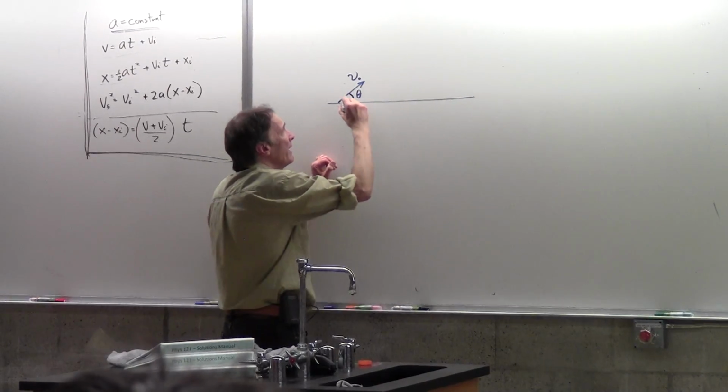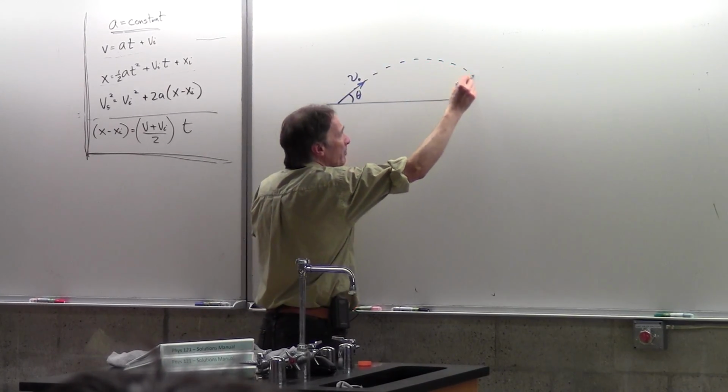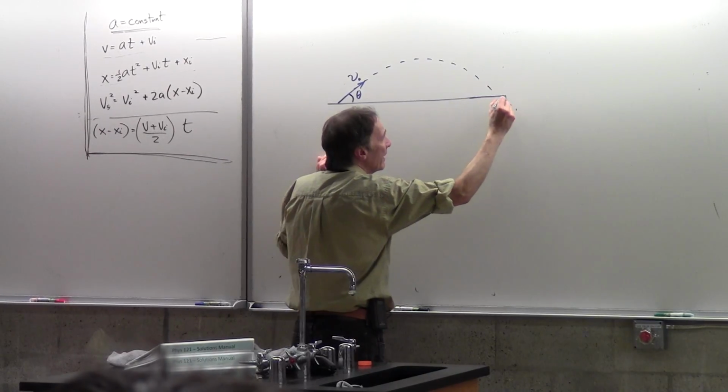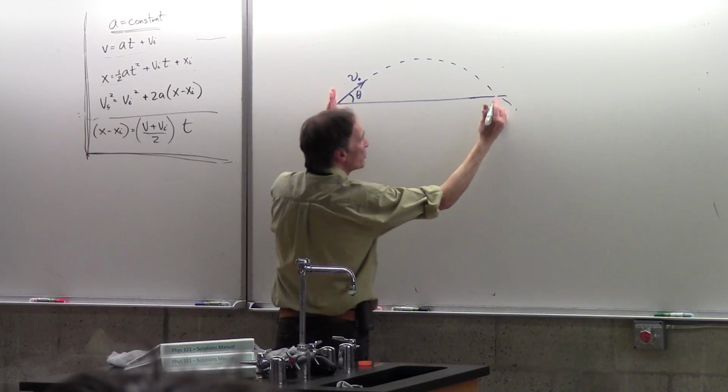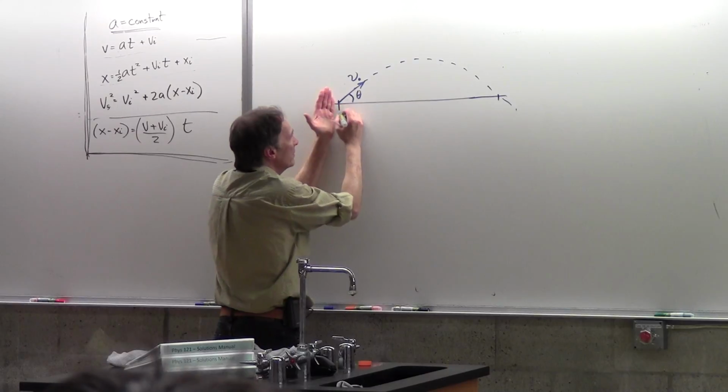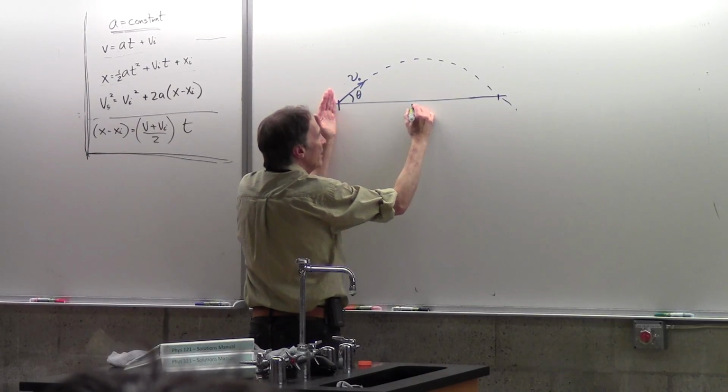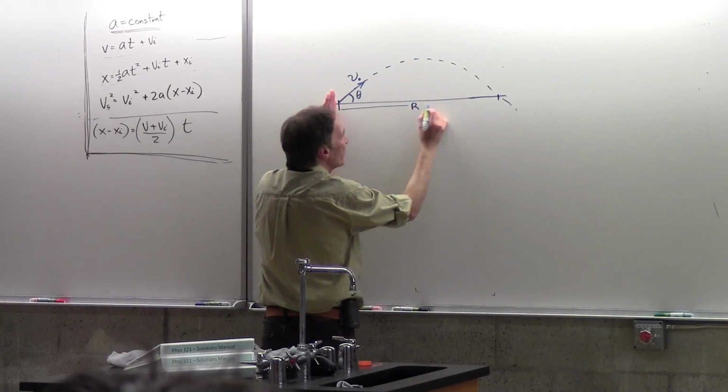Of course, it's going to take off, and it's going to go on a parabolic path. And we're going to deal with this strictly on the level ground. We're going to call this distance the range of the projectile.